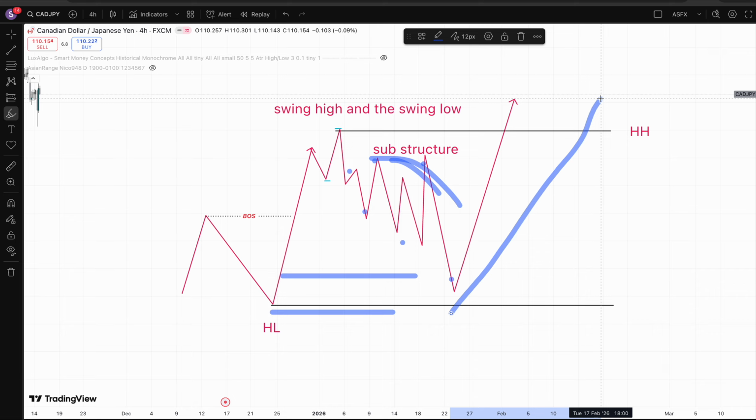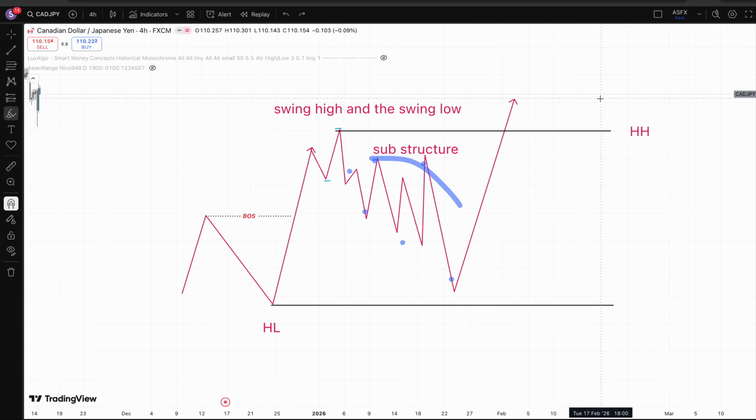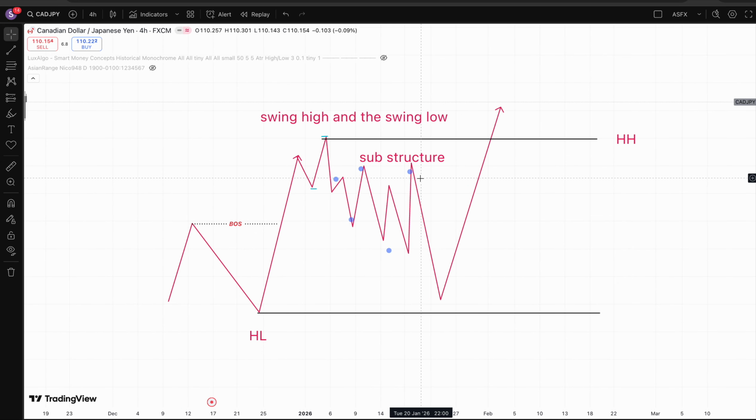So the reason why market moves like this is just to engineer liquidity before tapping into deeper levels of demand and then flying off. So this is how you use your Fib tool.